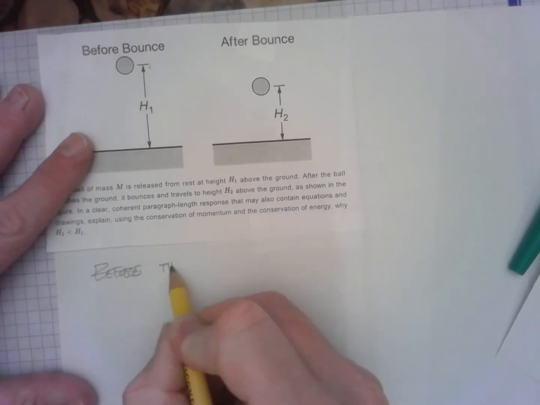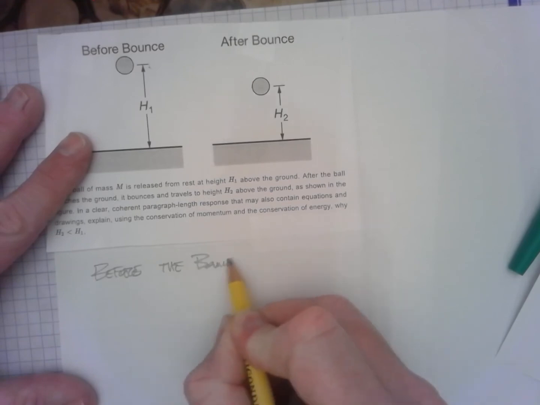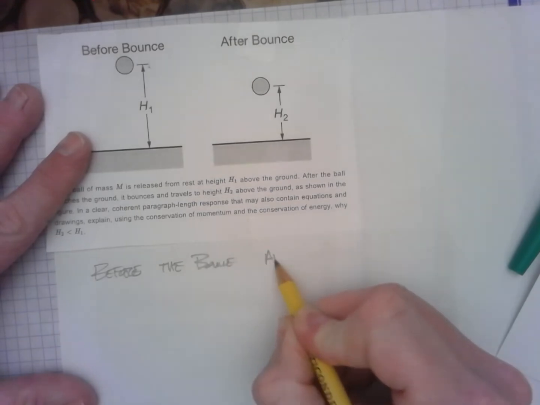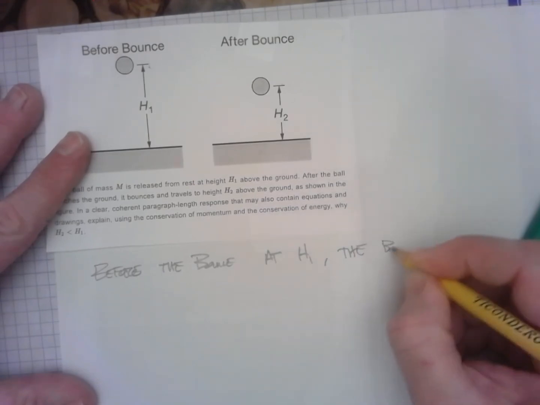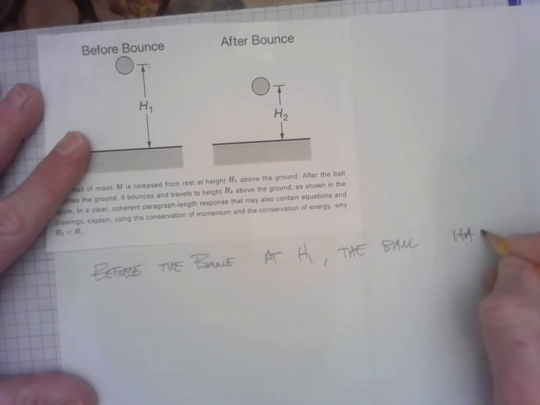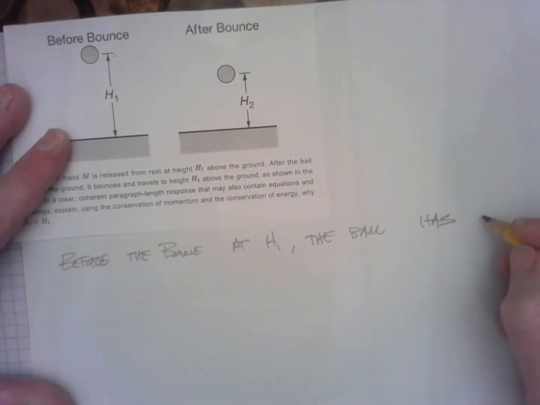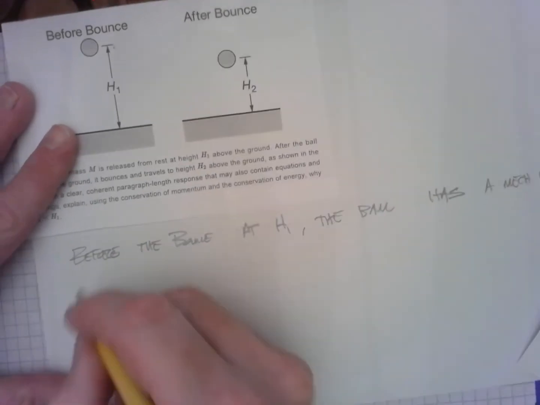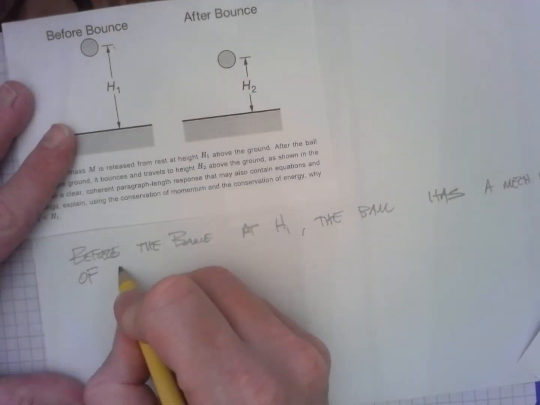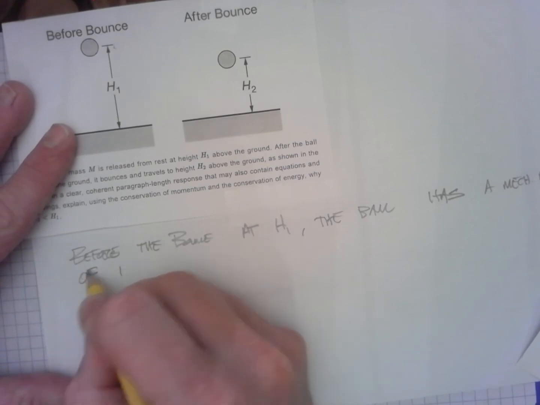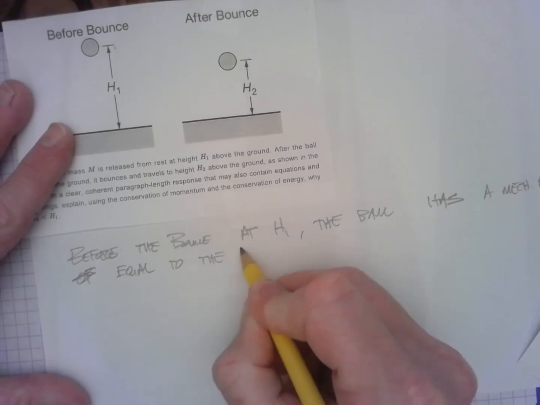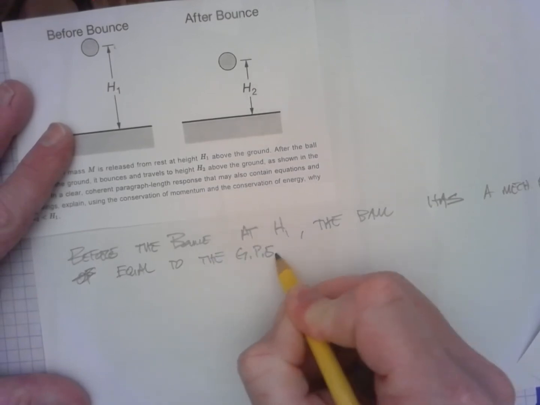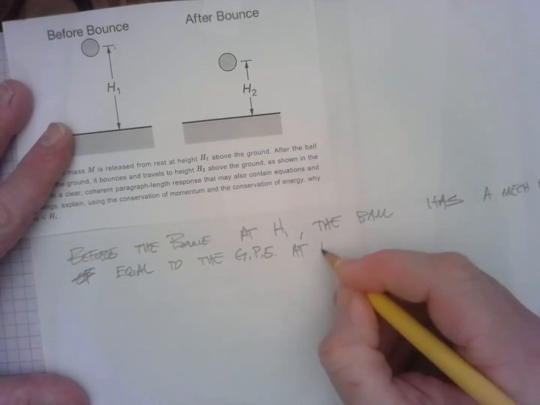Before the bounce, at h1, the ball has a mechanical energy equal to the gravitational potential energy at that location.